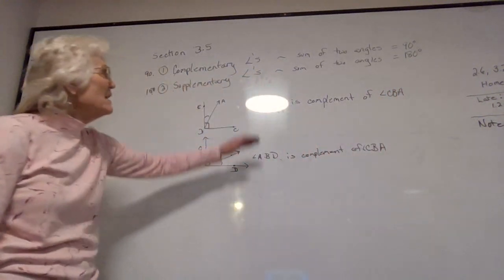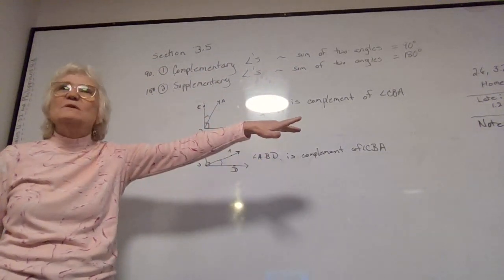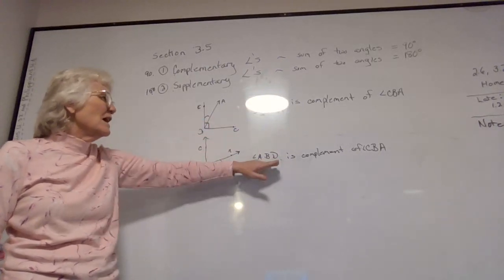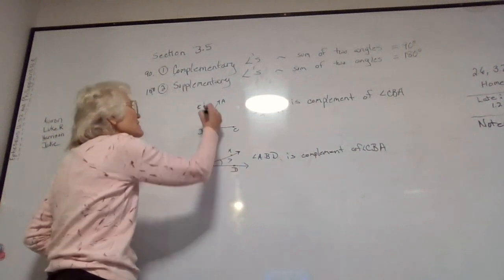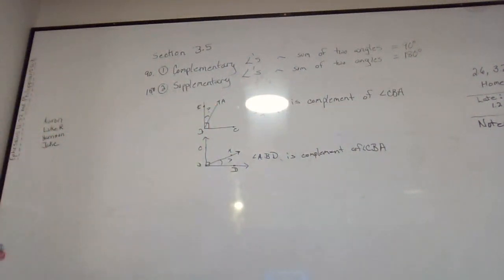If this one is complement to CBA and this one is a complement of CBA, what do I know about EBA and ADE? What do I know about these two? If they're both complementary with the same angle, what do I know about those individual angles?